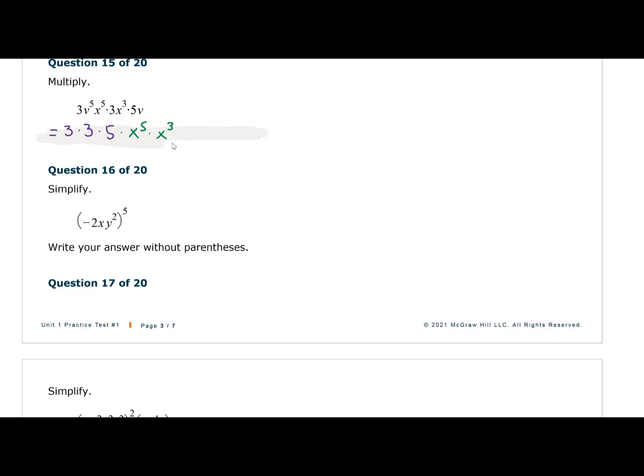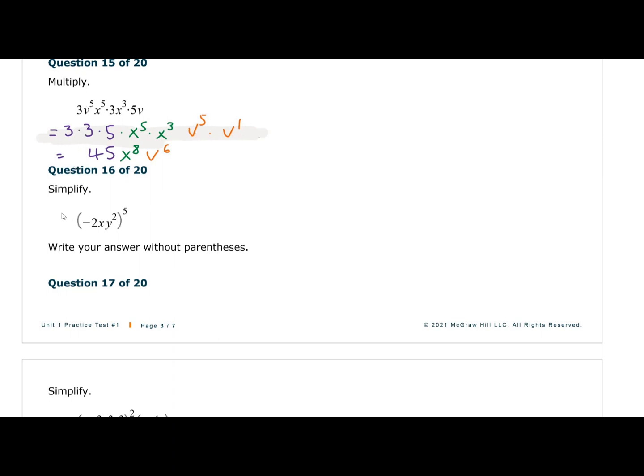And then all the v's together, v to the fifth power times v. 3 times 3 is 9, 9 times 5 is 45. x to the fifth power times x to the third power, we can add the exponents, that is x to the 8th. v to the fifth power times v to the first power is v to the sixth power, by 5 plus 1. Okay, keep in mind whenever you see the variable alone, it means that you have one variable, v to the first power.